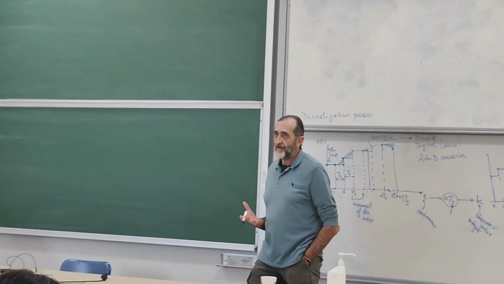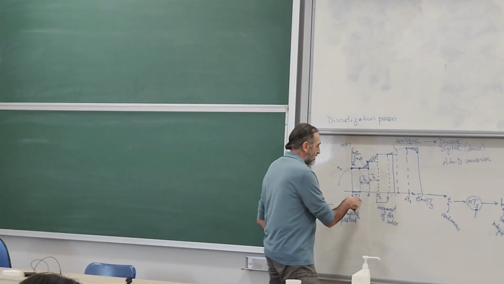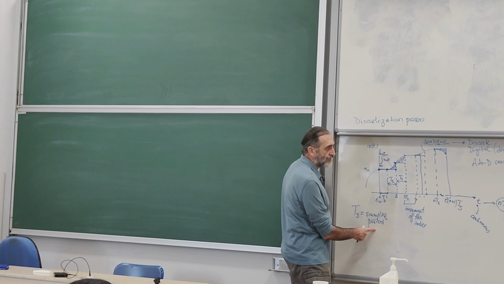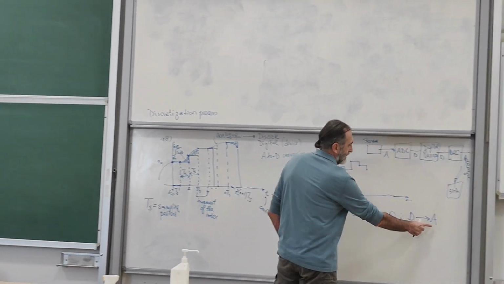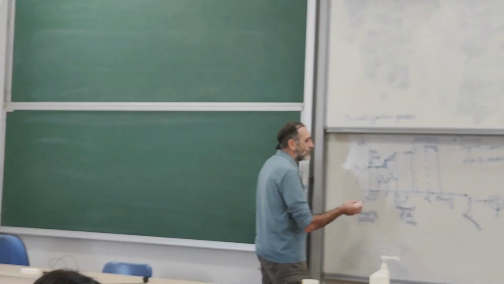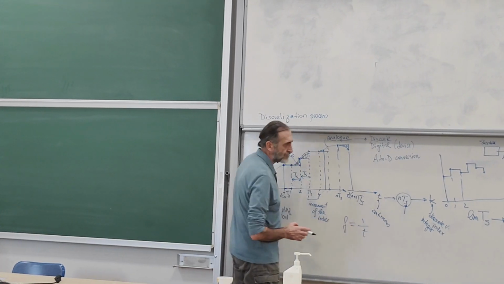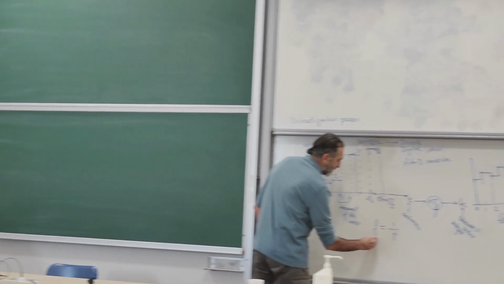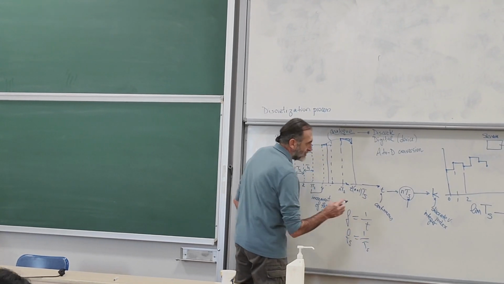If you could have a digital instrument with zero sampling period, then you would have directly an analog result. But as you know, frequency is 1 over T. So the sampling frequency is going to be equal to 1 over Ts.